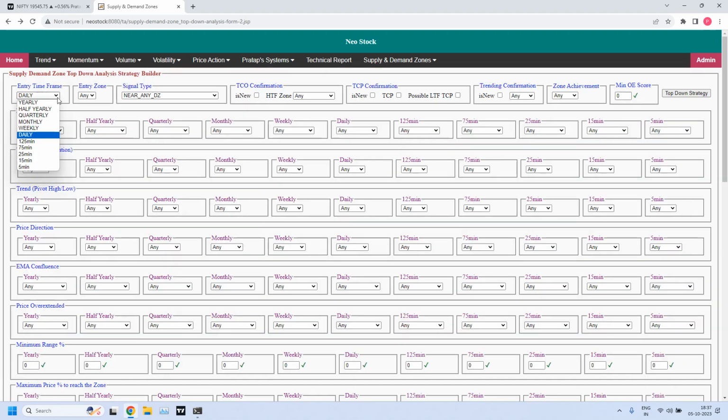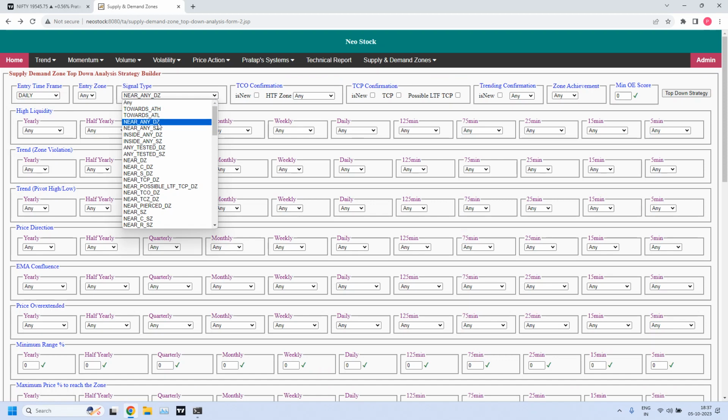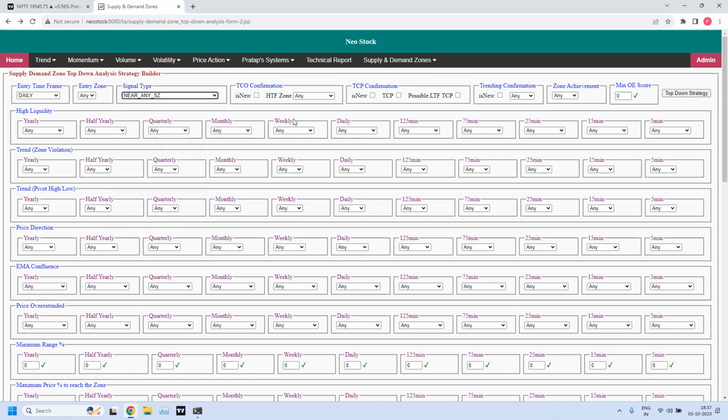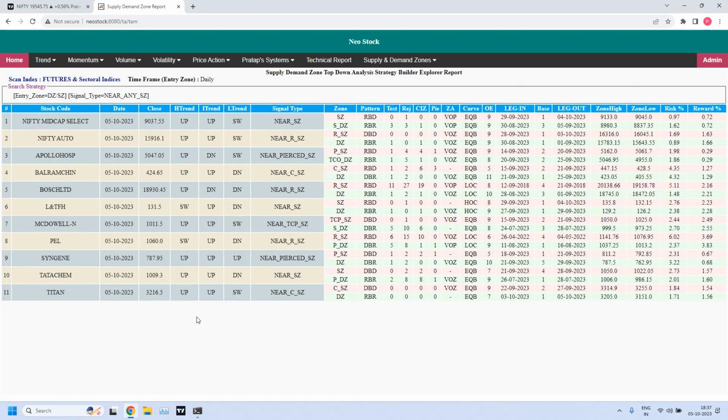Let's go back. For the entry time frame daily, let us find the stocks which are near to the daily supply zone. Let us filter the stocks. So 11 stocks are filtered where price is near to the daily supply zone.